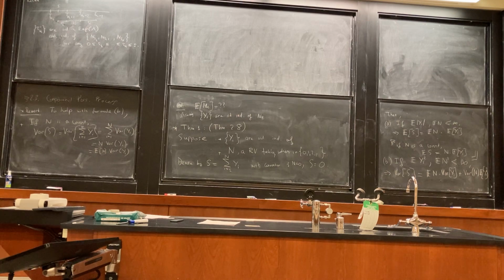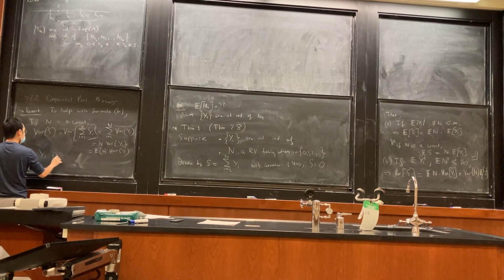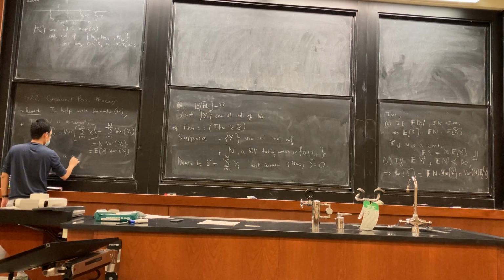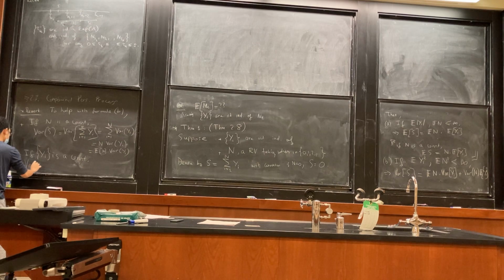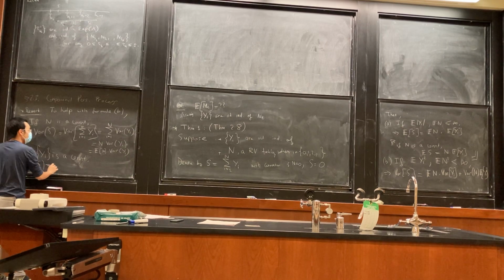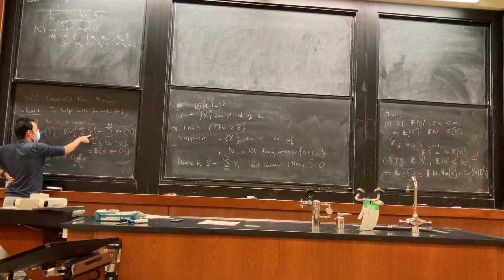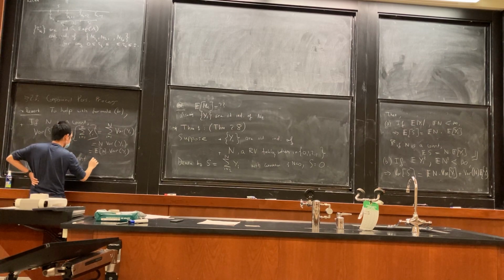So that explains the first term on the right hand side. On the other hand, suppose instead Y_i is simply a constant, say a constant c.